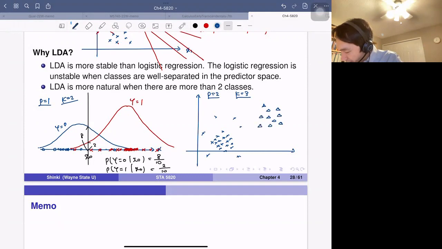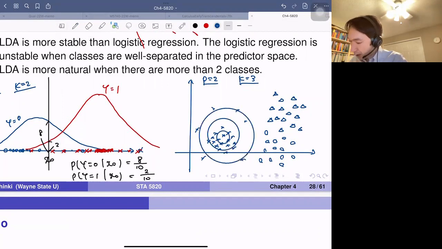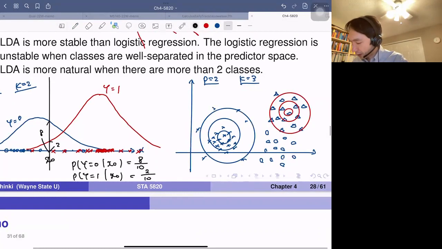Then we fit the contour plot for each of the groups. Maybe the third group, circles. So for the crosses, we fit some contour like this. And the second one, we have another contour, triangle. And the third one, also we have another contour.